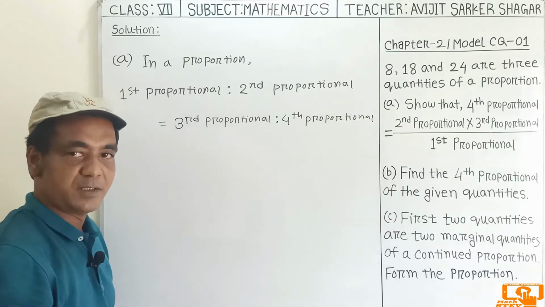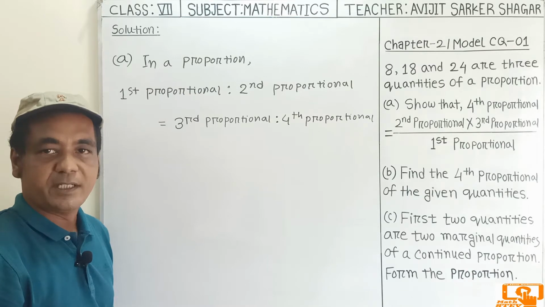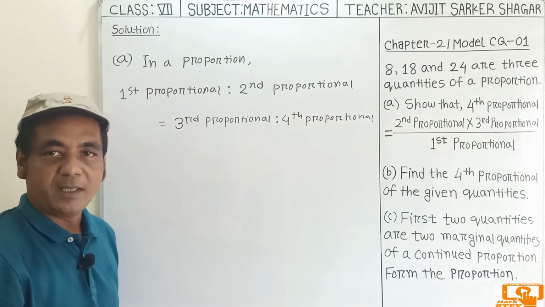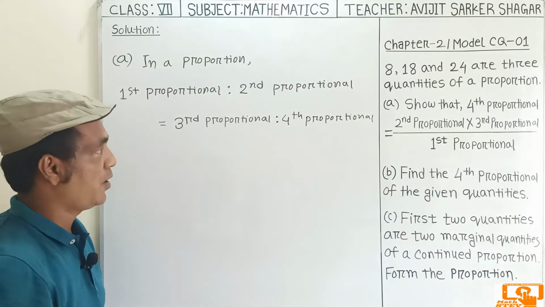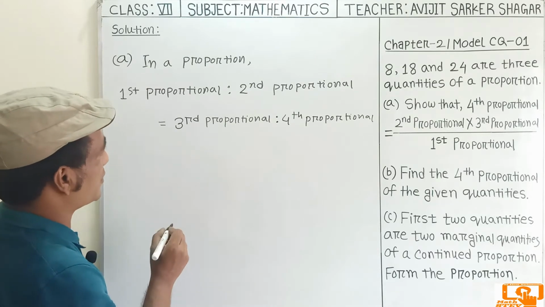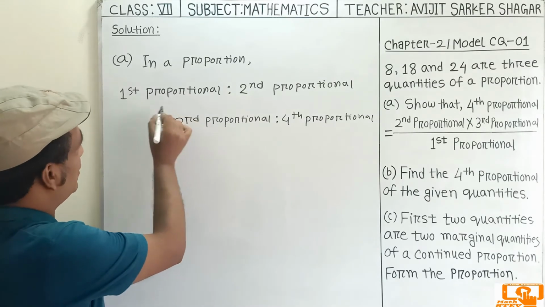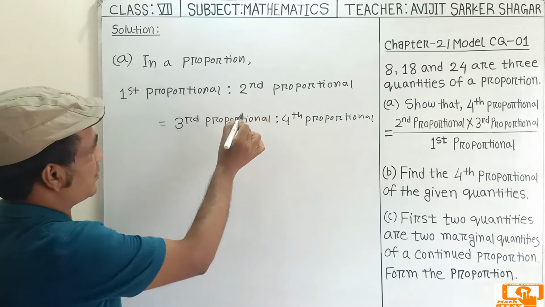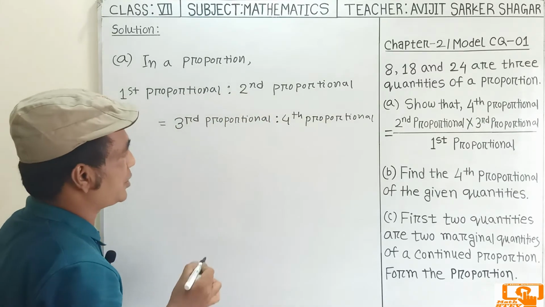What are proportionals? We know each quantity of a proportion is called a proportional. A proportion has four proportionals, and first proportional ratio second proportional equals third proportional ratio fourth proportional.